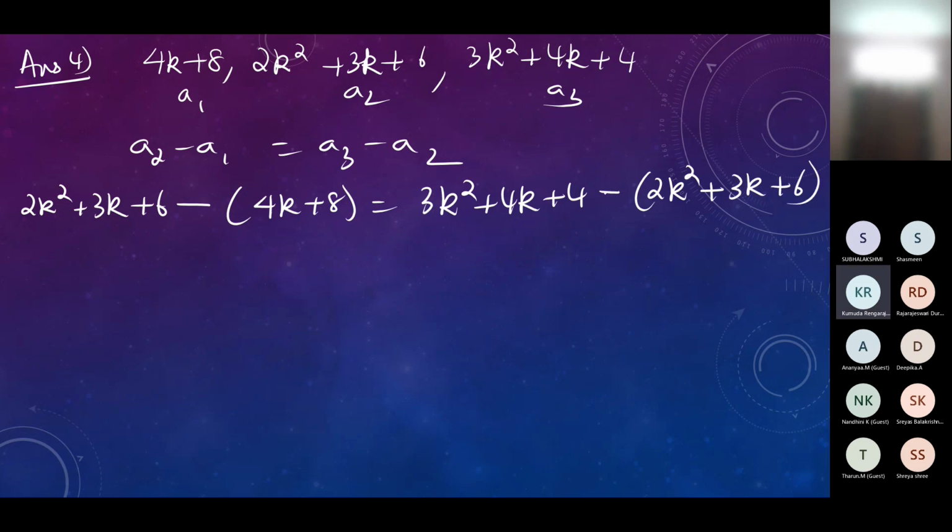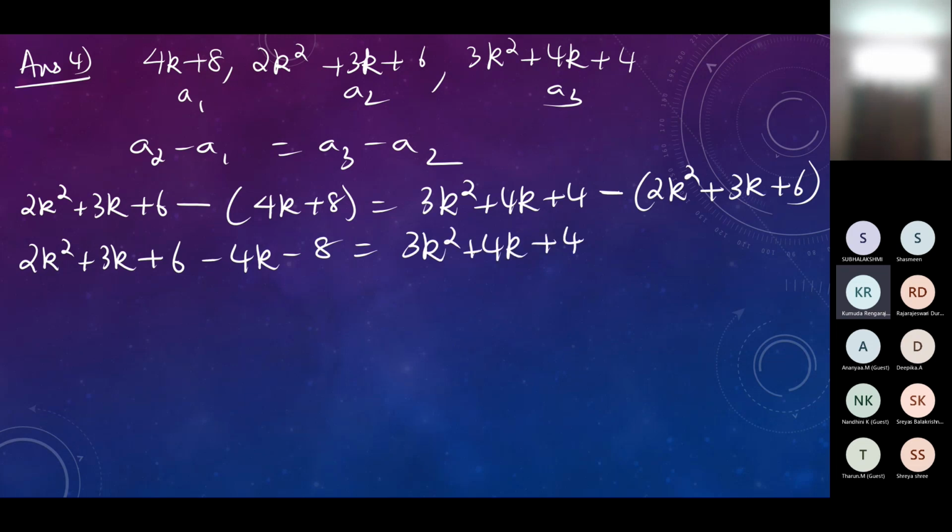So after the minus sign, you'll have to enclose the terms in a bracket. That is very important. So 2k square plus 3k plus 6 minus 4k minus 8 is equal to 3k square plus 4k plus 4 minus 2k square minus 3k minus 6.